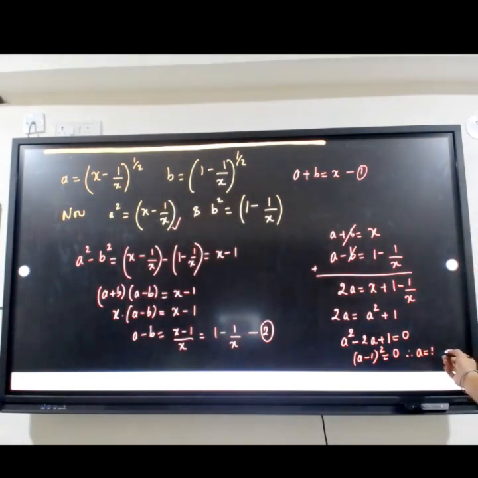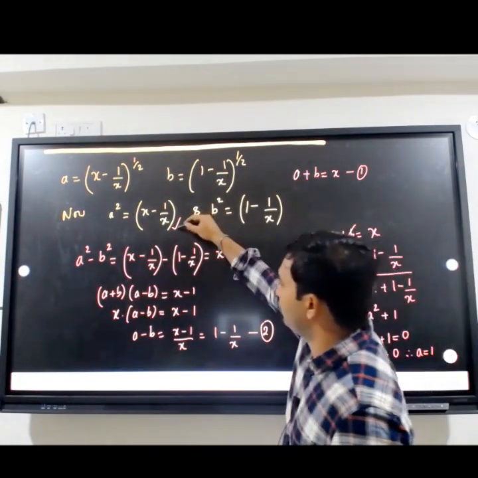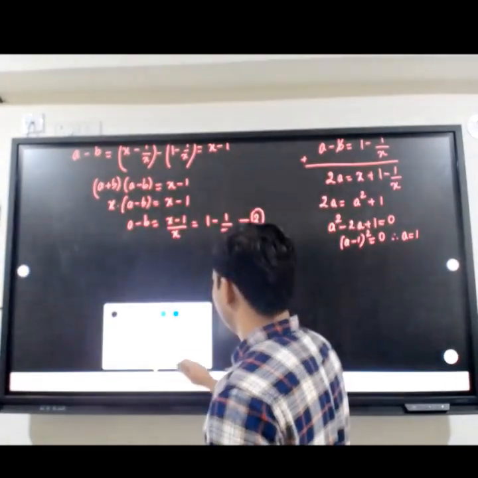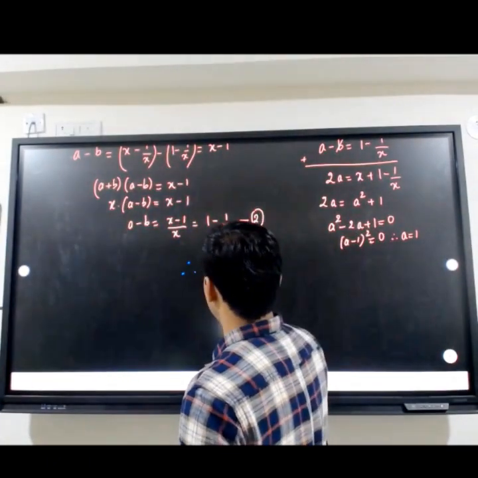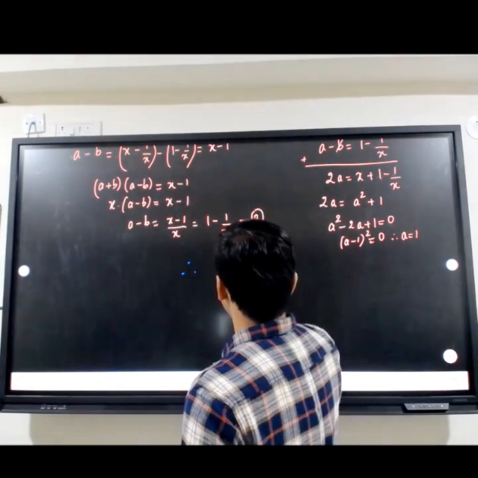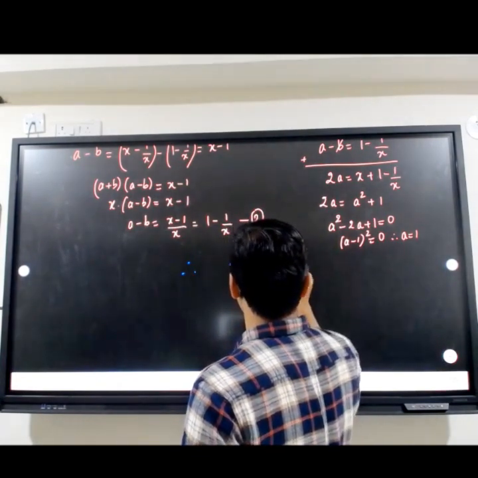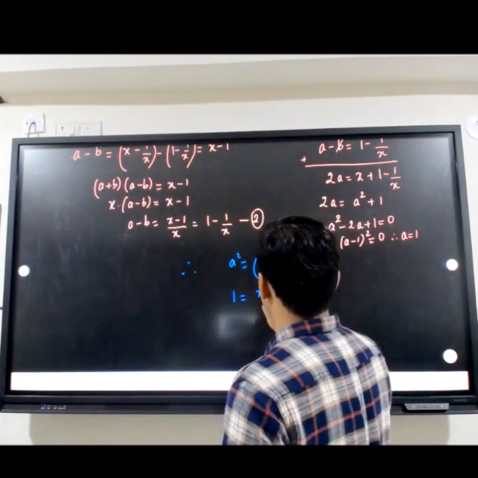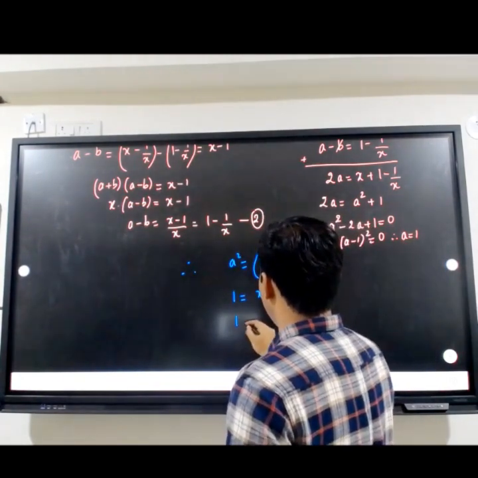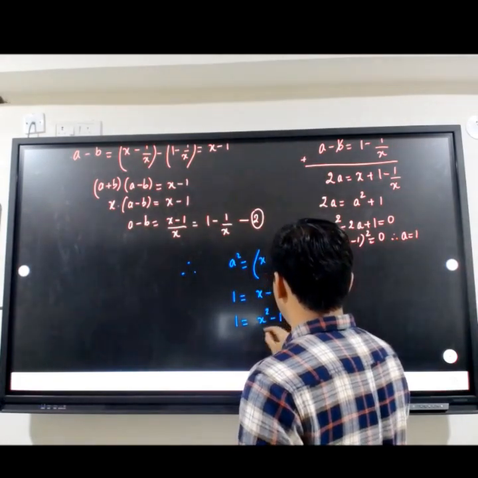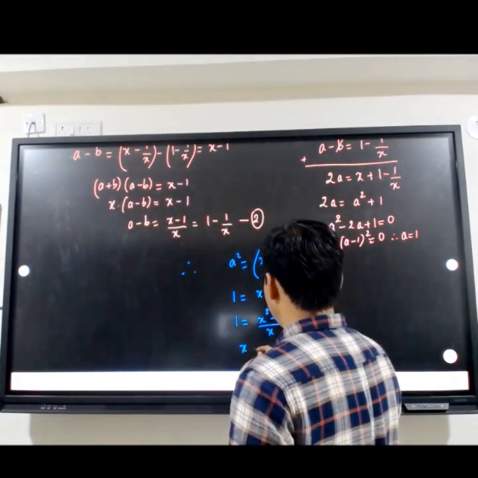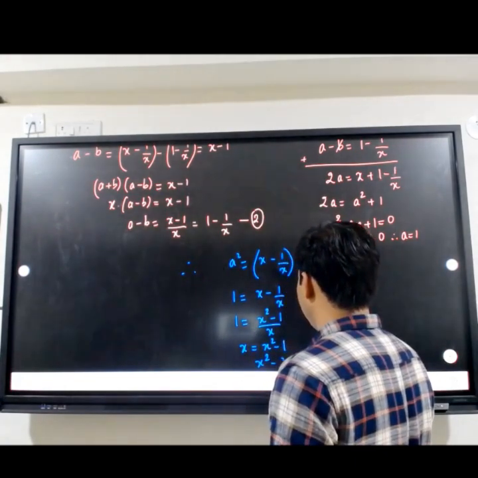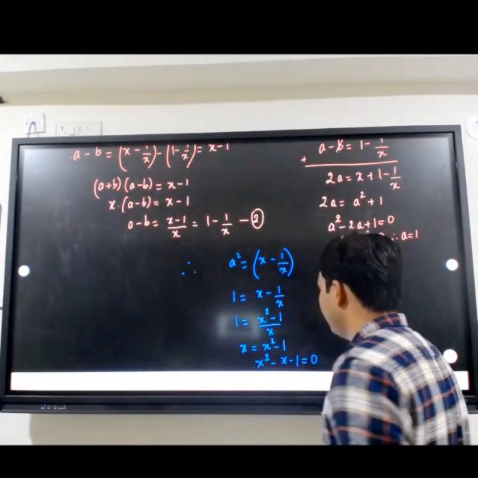Now we have to substitute the value of a in this equation. Okay, so let's see. Therefore, a square was equal to x − 1/x, and a we got as 1. So 1 = x − 1/x. When we solve this further, we'll get x = x² − 1, or x² − x − 1 = 0.